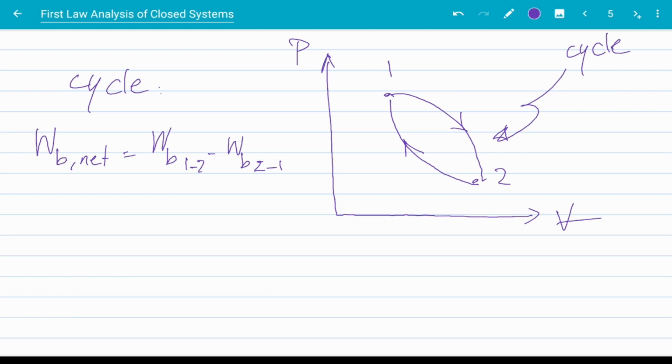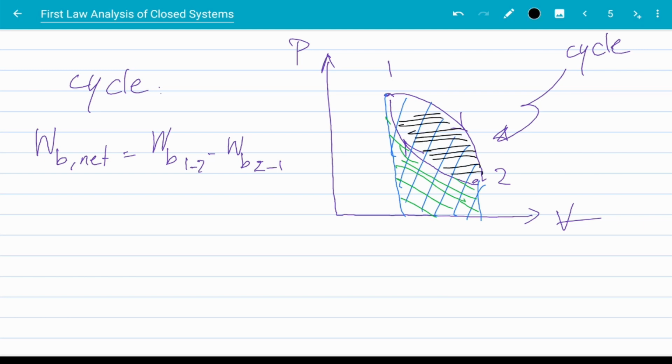Now the boundary work from 1 to 2 is this much. Boundary work from 2 to 1 is this much. So the net work is the black area. This will be the net boundary work.